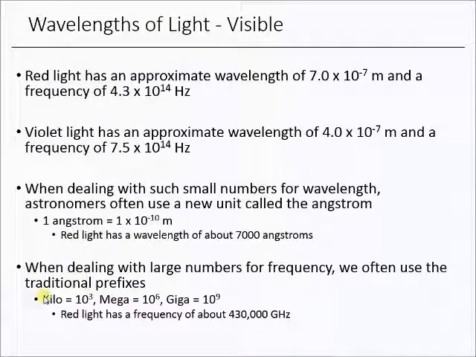And sometimes you could see that the hertz can be kilohertz, megahertz, or gigahertz, and your base level for that is going to be hertz. So again, your metric conversion is going to be pretty useful here.